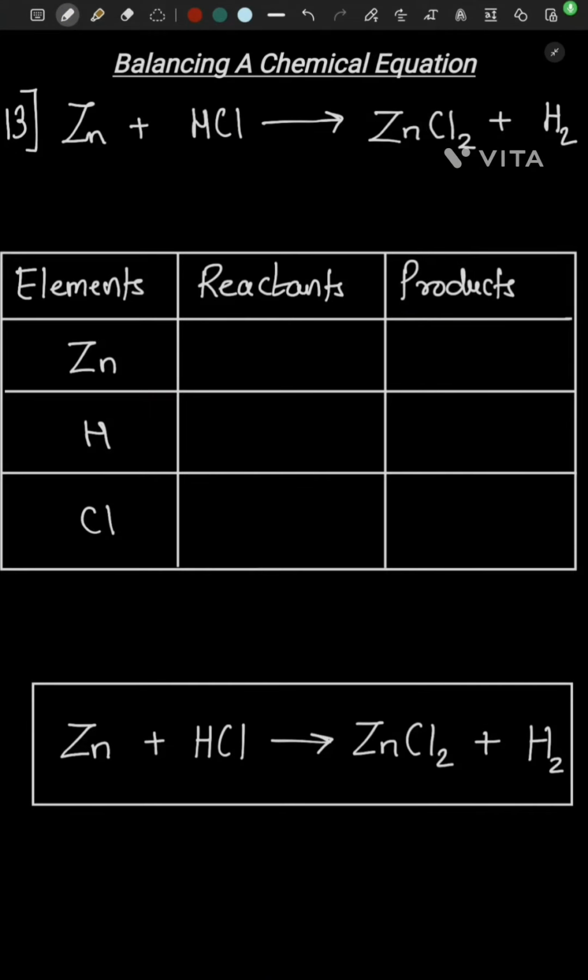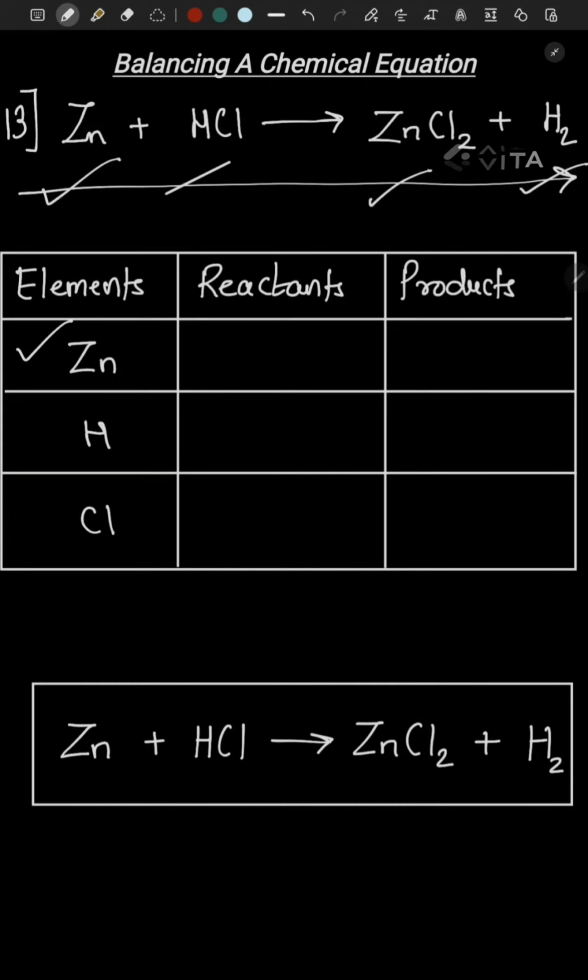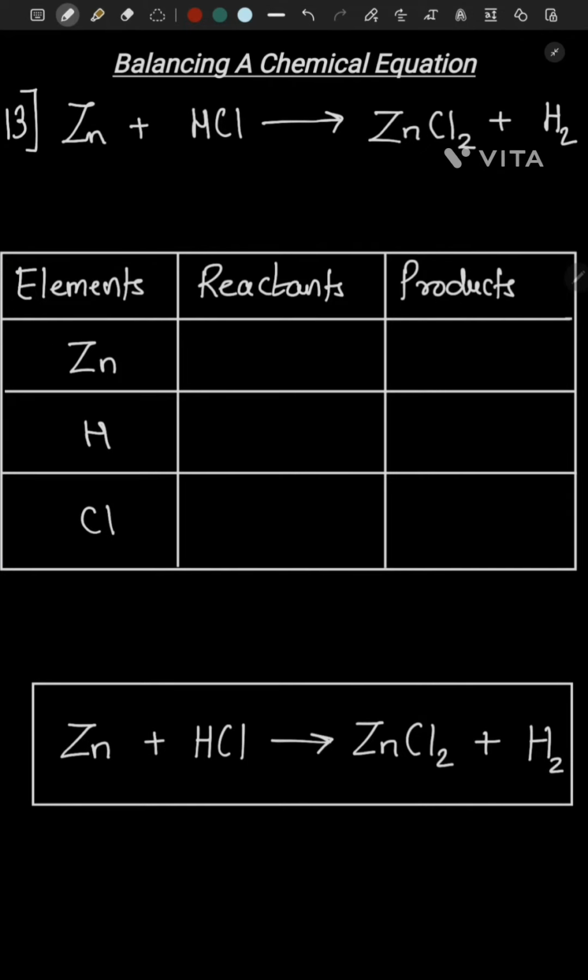With the next chemical equation, we have zinc reacting with hydrochloric acid, giving us zinc chloride, and hydrogen gas is released. So in the above chemical equation, the elements involved are zinc, hydrogen, and chlorine. Let us count the atoms. The number of atoms of zinc on the reactant side, no number means 1.